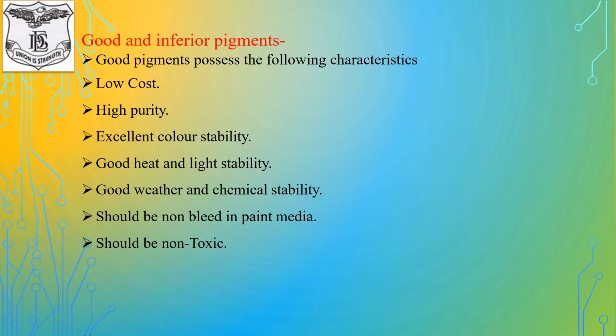Some pigments are used for coating engine parts, silencer parts, chimneys. At that time the pigment must provide good resistance for that particular material. Good weather and chemical stability, it should be non-bleeding in paint media. Bleeding is nothing but imparting its original color to other material, and the pigment must be non-bleeding in paint media, and it must be non-toxic in nature. These are the good pigment characteristics that must be considered while selecting any pigment material.